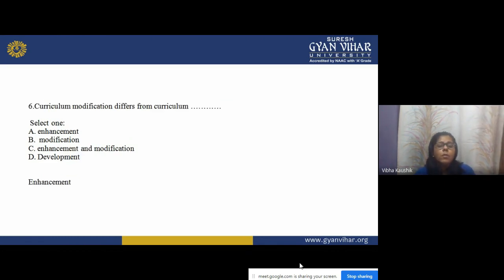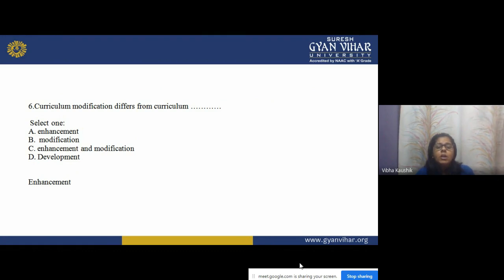Now, curriculum modifications differ from curriculum, dash. How does the term curriculum modification differ from curriculum dash. Now, the options are: A, enhancement, means curriculum modification differs from curriculum enhancement. Option B, curriculum modification differs from curriculum modification.